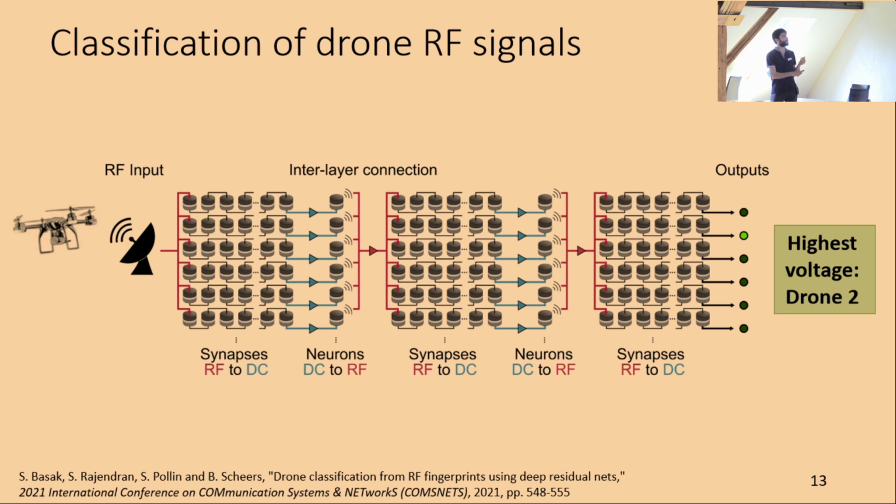You have signals of drones that we take directly, and you can inject them into the deep neural network. And basically what you get is that the highest output voltage gives you the prediction of the neural network. So in this case, for example, the second MTJ will correspond to the drone of class 2.